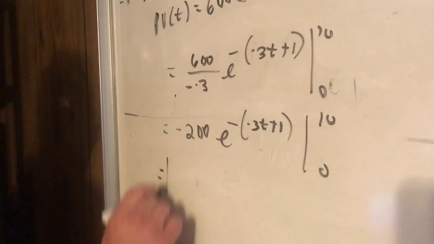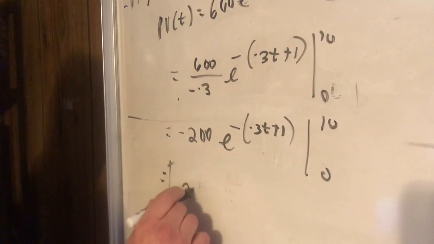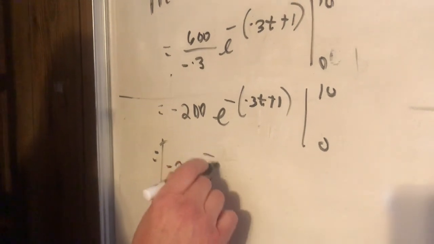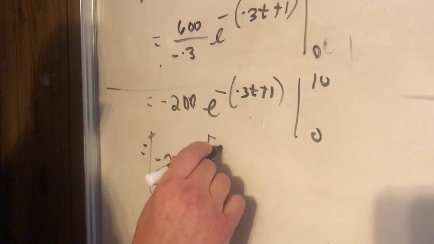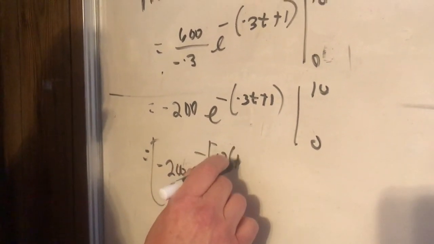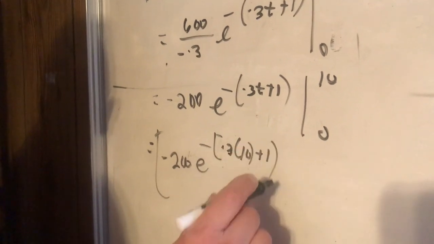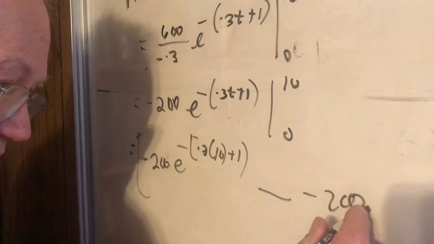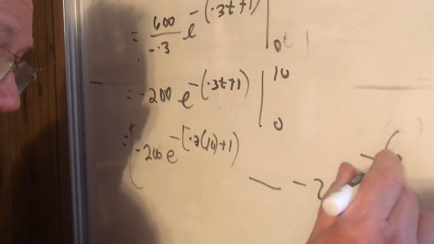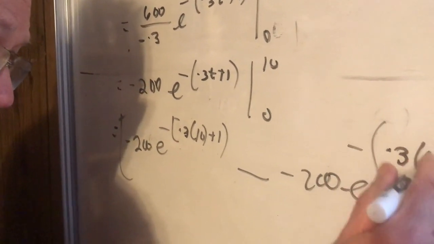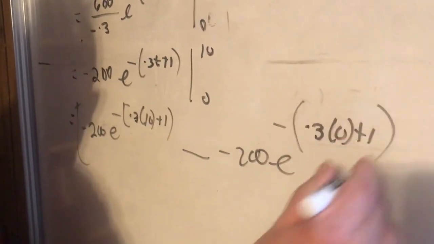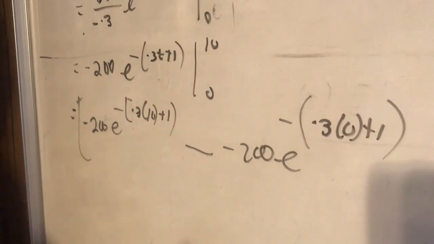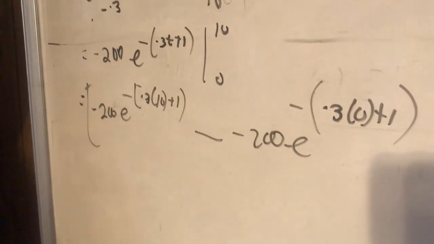Now we take minus 2,000 e to the minus 0.3 times 10 plus 1, and I subtract that from minus 2,000 e to the minus 0.3 times 0 plus 1. Notice there's no constant because we have constants out here.